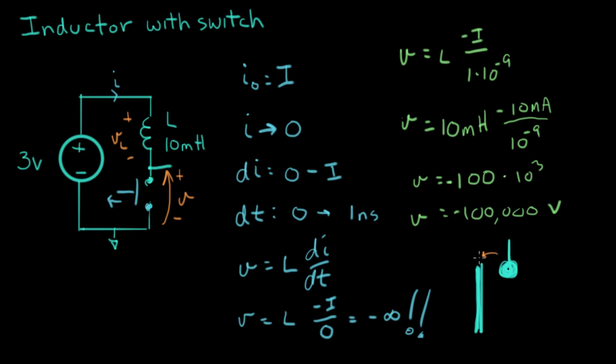As soon as this switch moves away, there's an air gap created here. In our ideal world, this air gap was a perfect insulator. But because of these extreme numbers, this air gap is actually not an ideal insulator. And what's going to happen is we're going to get a bright spark right across here. This really happens in real life.